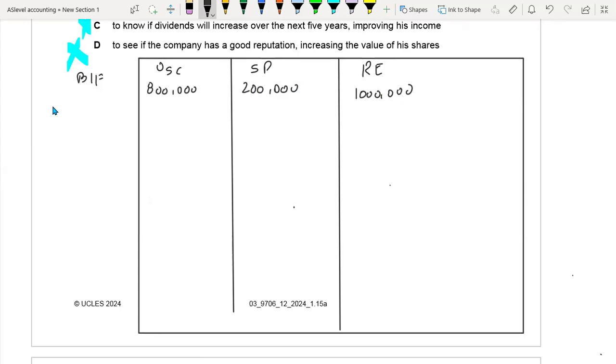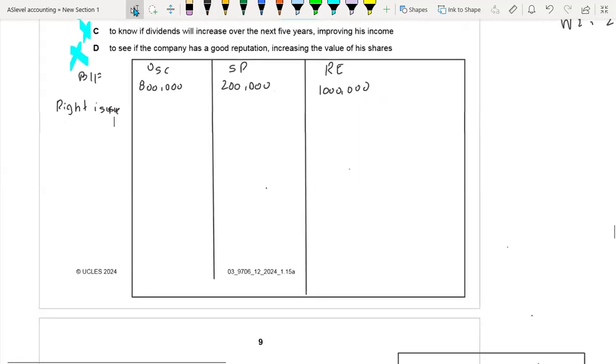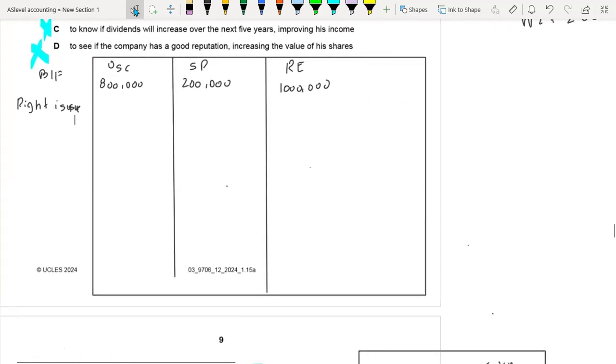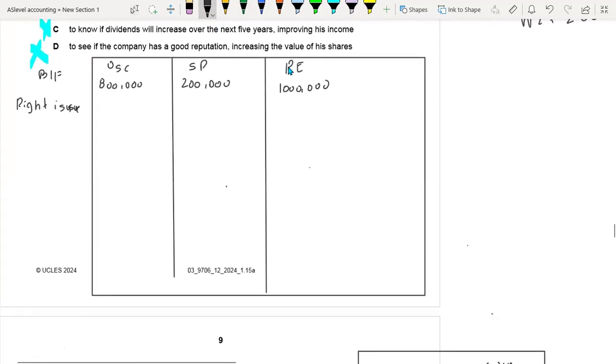Okay, so for the rights issue, we have to do a very short calculation, a very little working. So for the working of the rights issue, what happened?